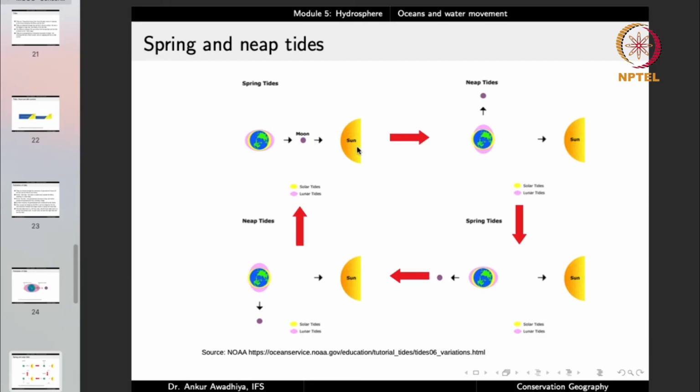So when you have both the sun and the moon on one side, or the sun and the moon on opposite sides, in both of these cases we get spring tides, in which case we get very high tides and very low tides. On the other hand, if the sun, the moon and the earth make a 90-degree angle, then we get a neap tide. These are not as high because the impacts are not adding together. So this is a neap tide and this is a neap tide.